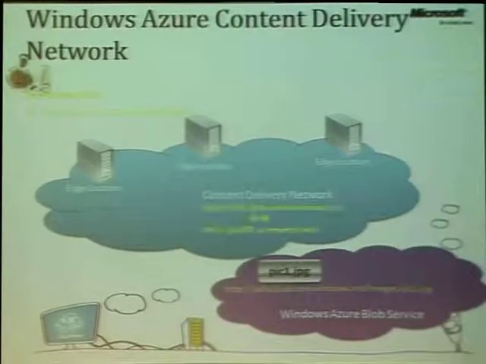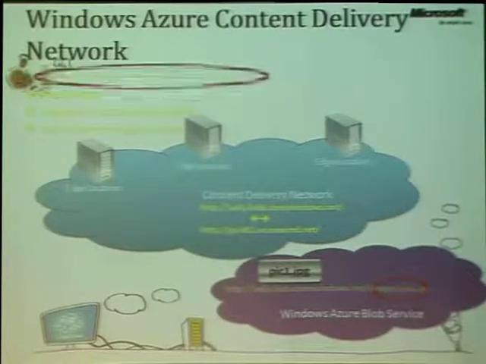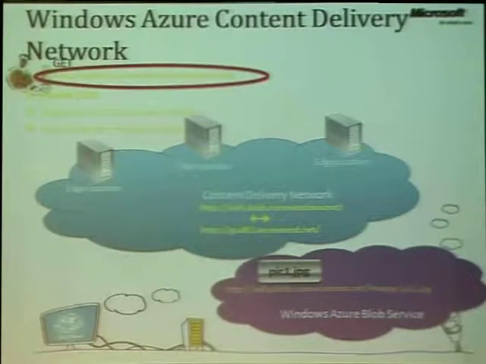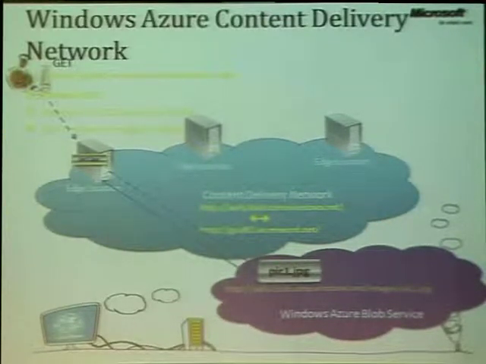Okay, for example, I upload an image or a video here below. This is my data center. So when somebody requests from one of the edge locations, it will request my server. The first time, the file is transferred to the edge server. After the first time, any subsequent request goes to that server. It will not come back to my data center.